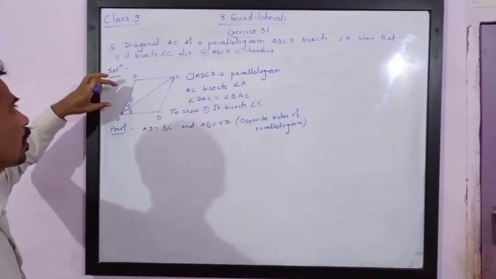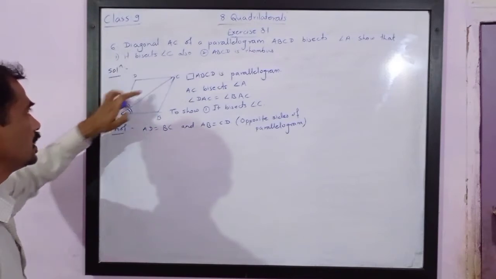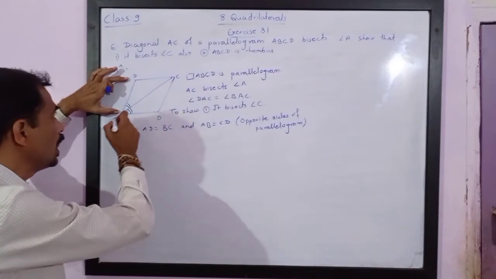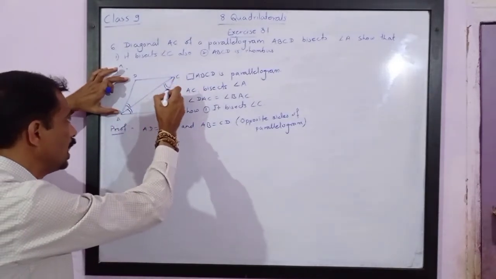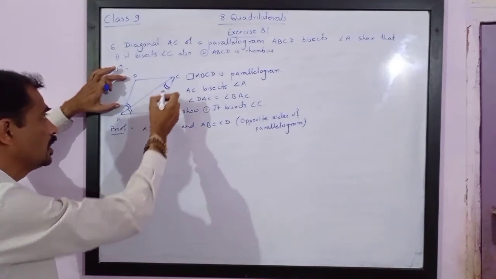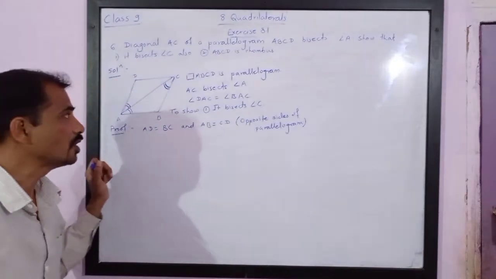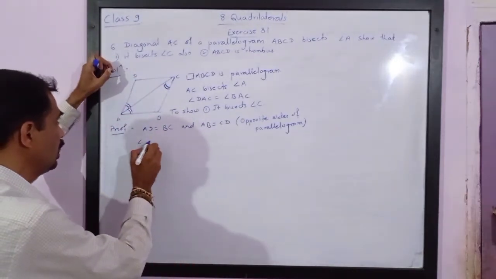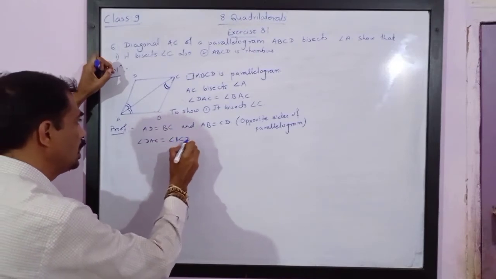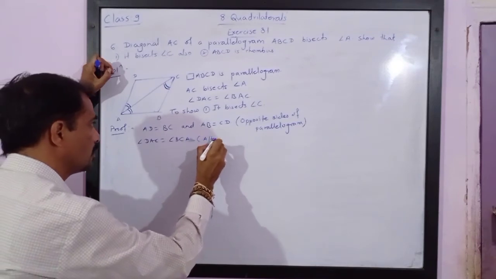Now see, we are given DAC equals BAC, but DAC equals ACB or BCA. Please watch carefully. This angle is congruent to this angle. Reason is they are alternate angles formed by parallel lines and transversal. So we can say that angle DAC equals angle BCA.